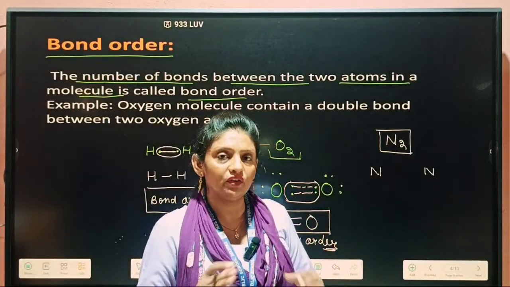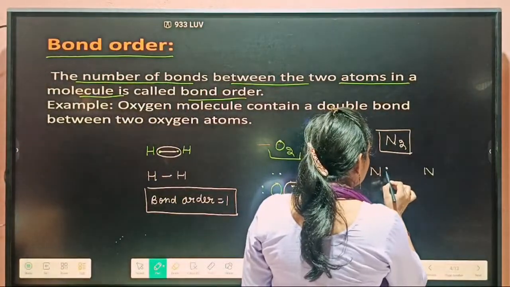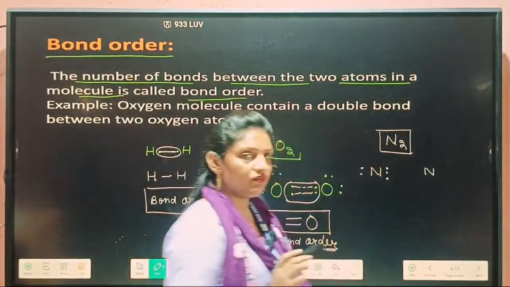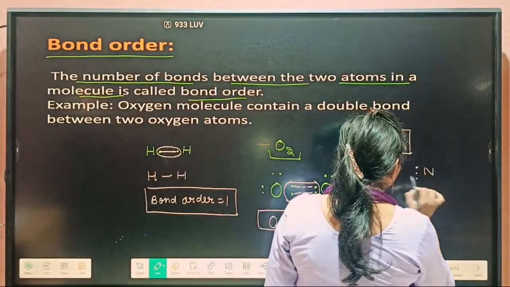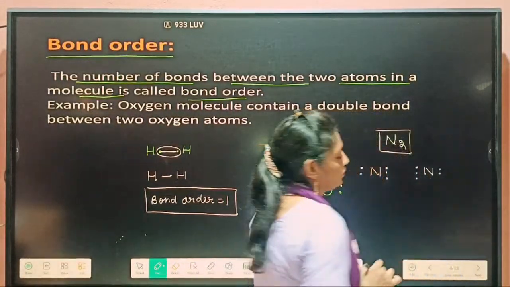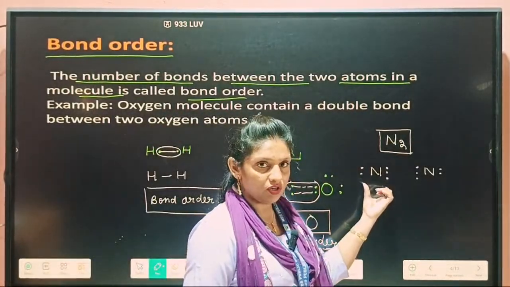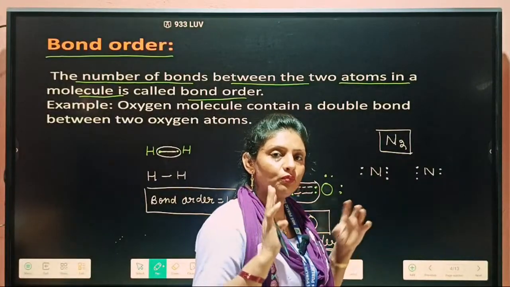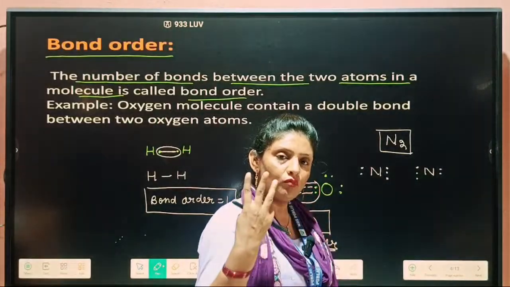Means there are 5 valence electrons. Then you will draw the Lewis structure, 2, 5 in one nitrogen, and here also in the second one 5 valence electrons. Now this one nitrogen has 5 electrons. It needs 3 more electrons for getting stability, for completing its octet. And this one also needs 3 more electrons.